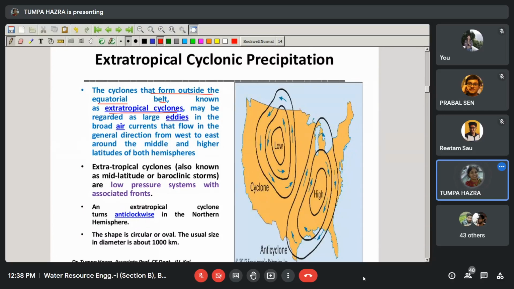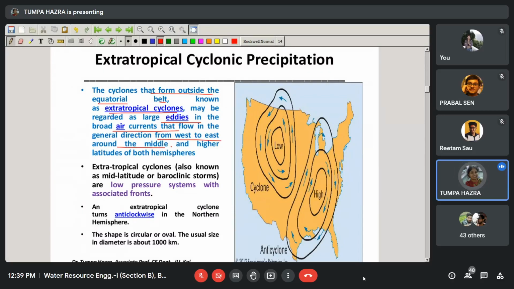Okay, that means the favorable condition for this type of rainfall is the interface between the warm air mass and cold air mass, and it consists of large eddies and air currents. Okay, and the general direction is from west to east.